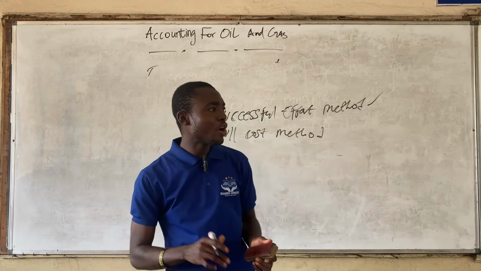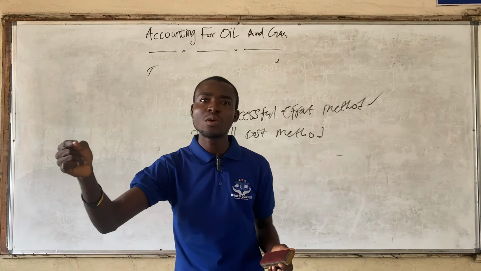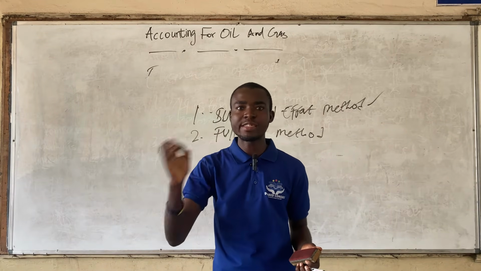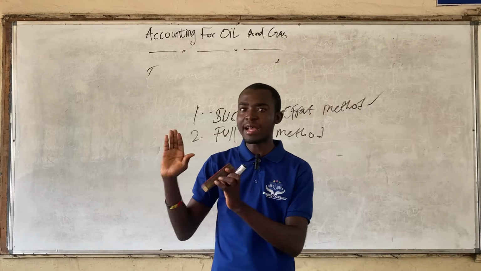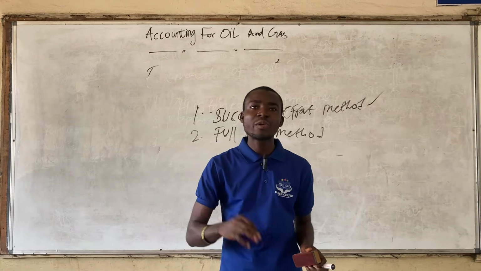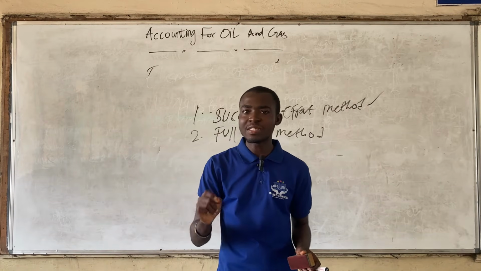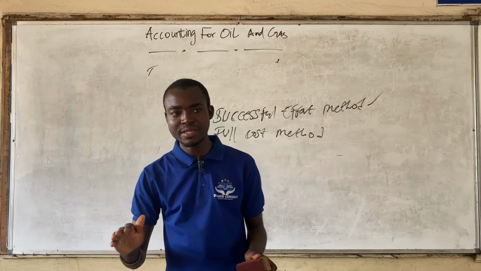And then all costs that successfully lead to discovery of reserve will form part of the cost of the asset. And any other costs which are unsuccessful will be written off in the books of account in the income statement as an expense.